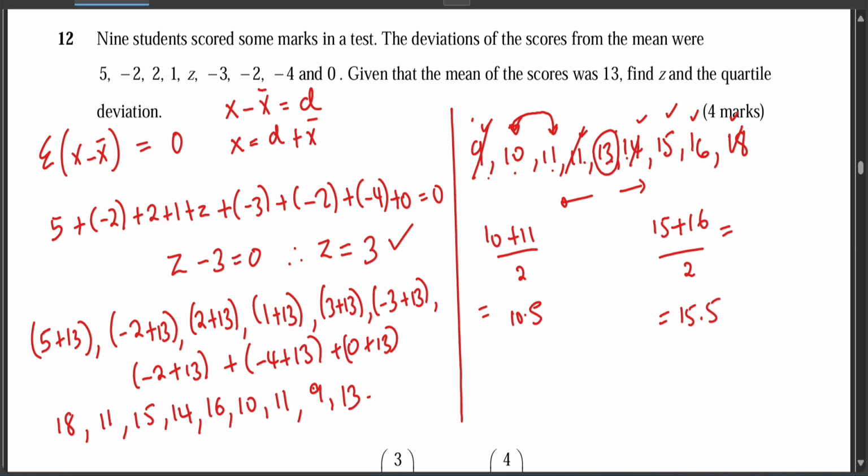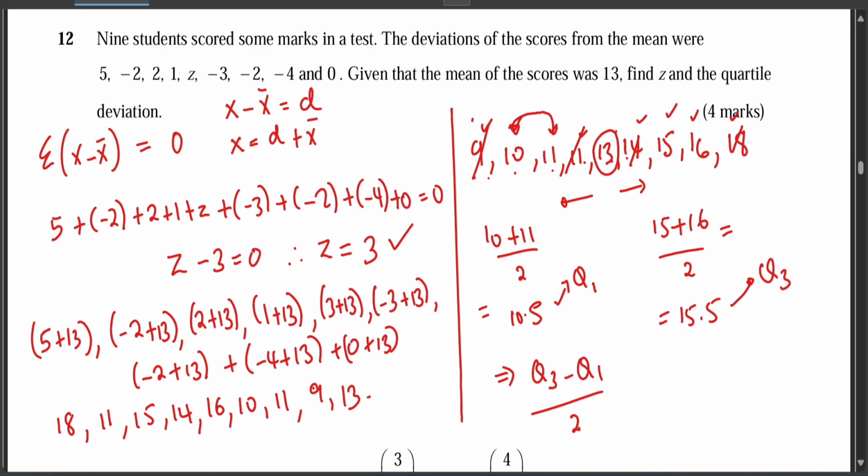The next step is for us to find our quartile deviation, which is Q3 minus Q1 divided by 2. So this one is usually Q1, your lower quartile. As for this one, it is usually your Q3. So there's the first quarter, there's the third quarter.